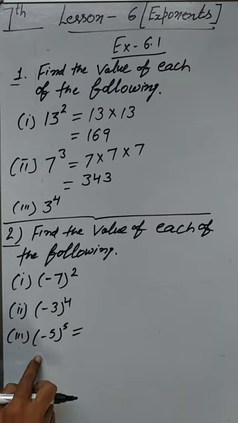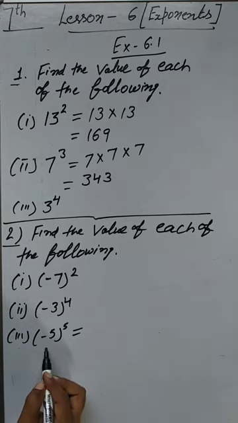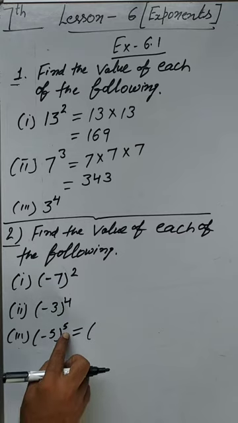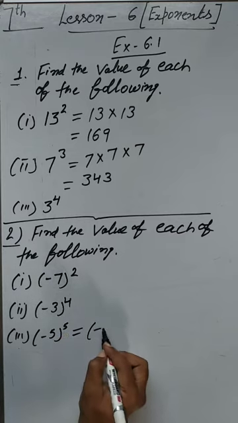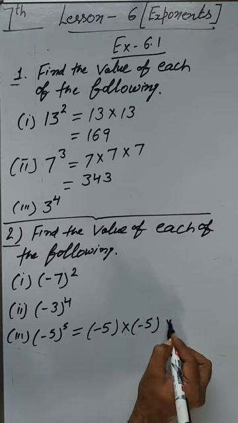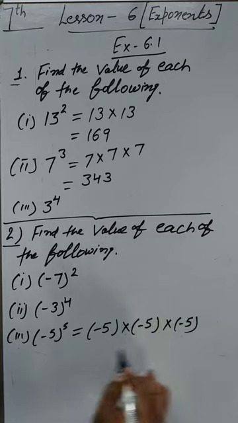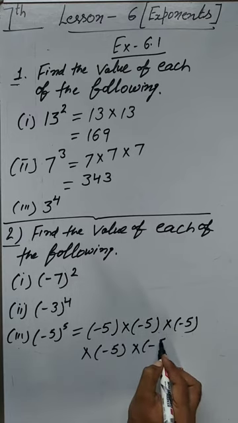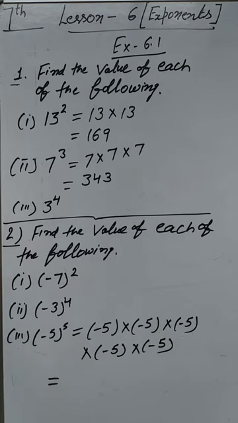I am explaining the third question here. Minus 5 raised to power 5. It means minus 5 multiplying 5 times. Means minus 5 multiply minus 5 multiply minus 5 multiply minus 5 multiply minus 5. Understood beta?